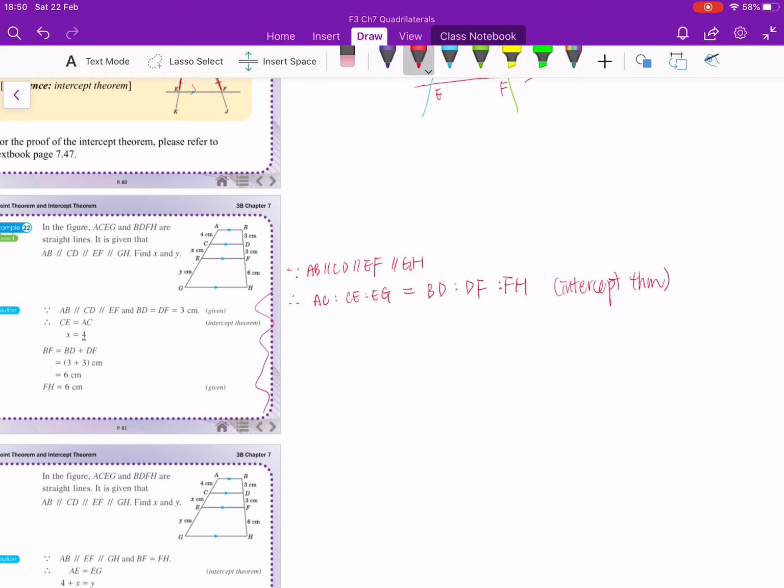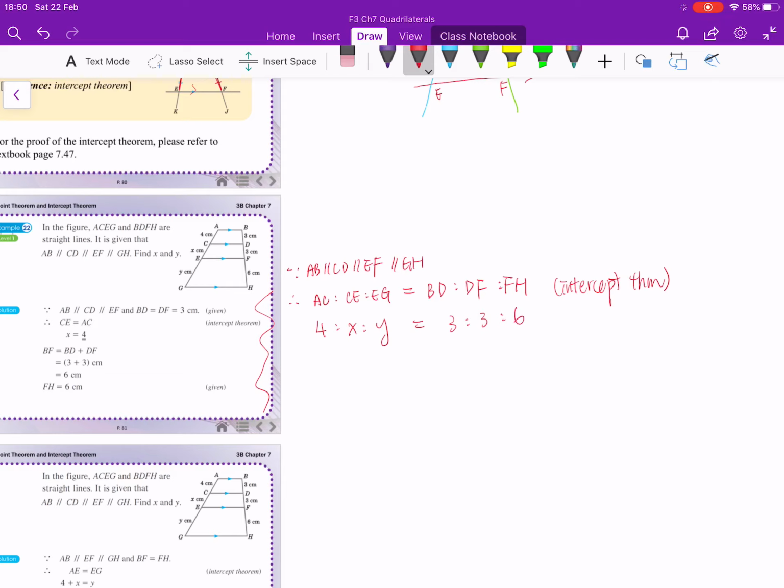You have to spell the name Intercept correctly. Now AC to CE to EG means 4 to X to Y, and BD to DF to FH is 3 to 3 to 6.